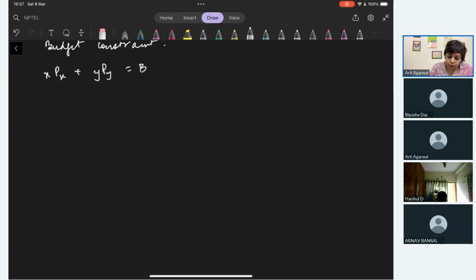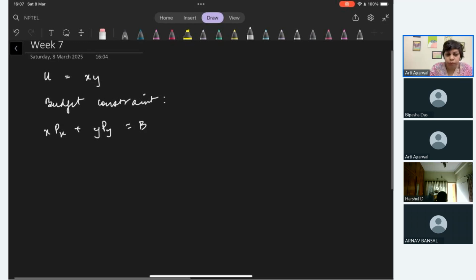So let's write the Lagrangian. This is the function we want to maximize. In your Marshallian demand, we are trying to maximize the utility, and we'll come to Hicksian later. Okay, so let me write this first, Marshallian demand.